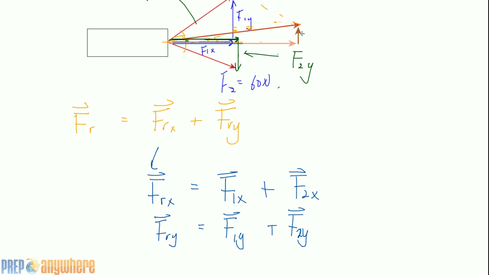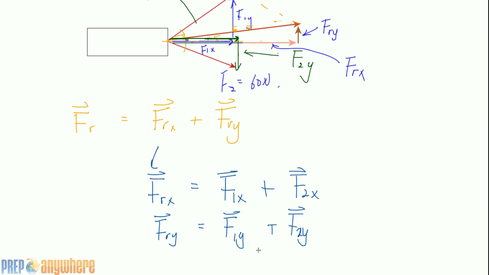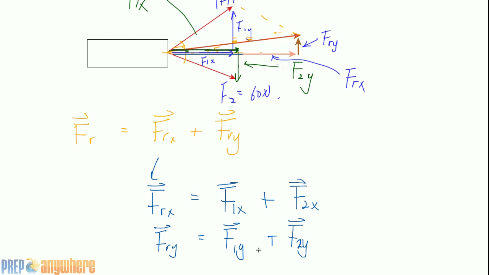So this one right here is the F resultant y, and this one right here is the F resultant x, and that's what they are. Sorry, it's a lot of subscripts. It looks confusing. I shouldn't use F1 and F2. I should use just A and B. It might have been nicer.